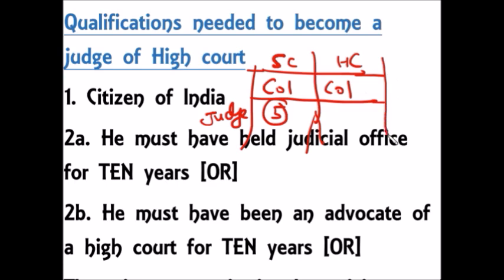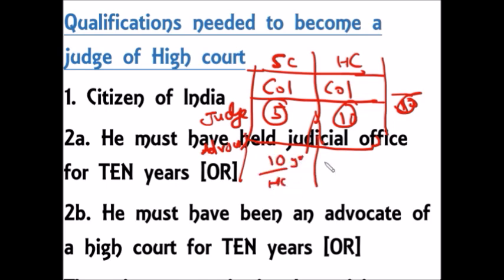Here, to become a Judge of the High Court, a person must be a Judge of a court, or must hold a judicial office below the High Court for at least 10 years. And as for the advocate qualification, he must have held the advocate position in a High Court for 10 years. And here also the same, to become a Judge of the High Court, the advocate must hold the post for 10 years in any of the High Courts.